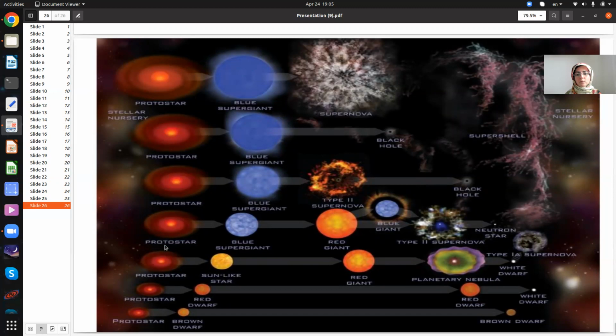For example, for the Sun, we have a protostar and then a sun-like star, red giant, planetary nebula, and then white dwarf. And at last, with a very, very low mass in a giant molecular cloud, we have a protostar with a very low mass, and then we have a brown dwarf, and then at last it is again a brown dwarf with a lower size.